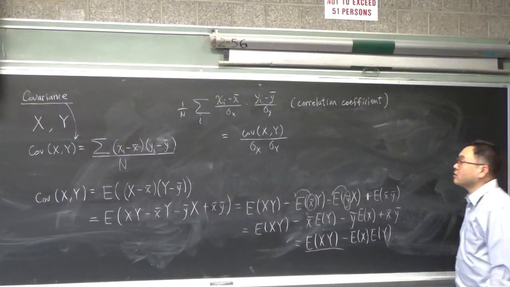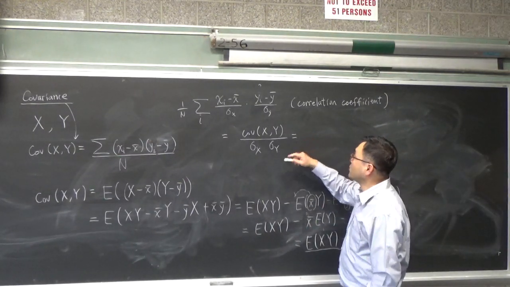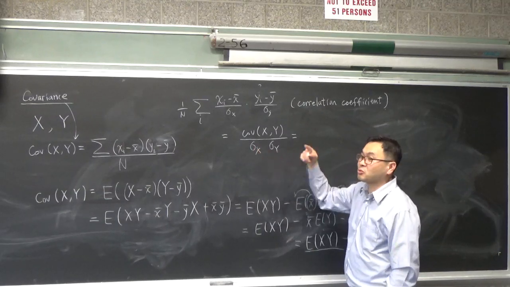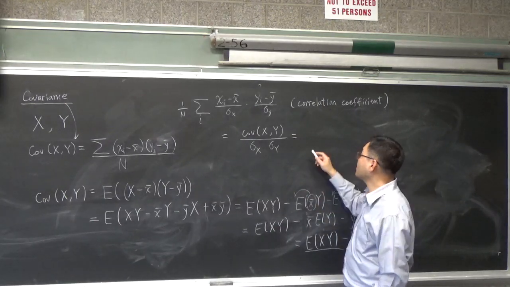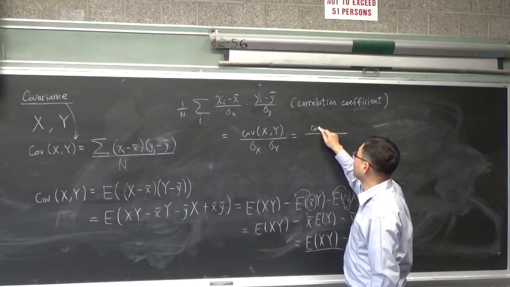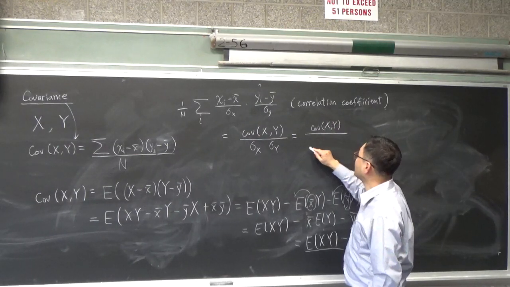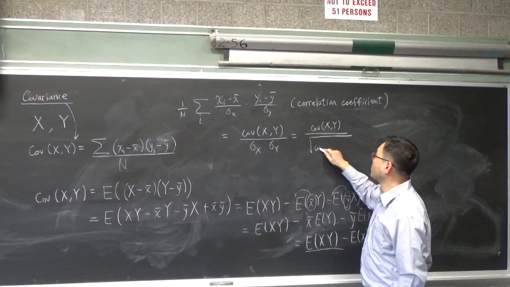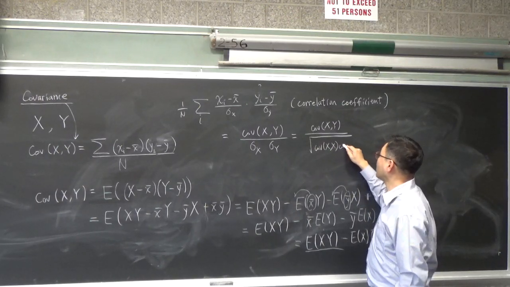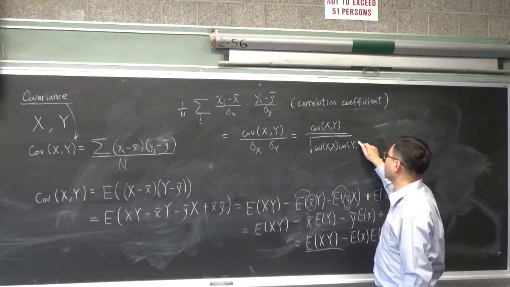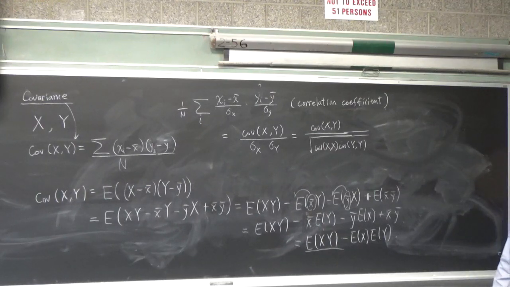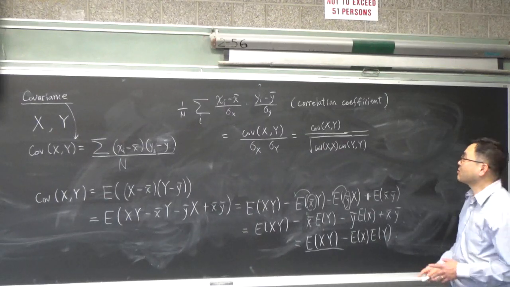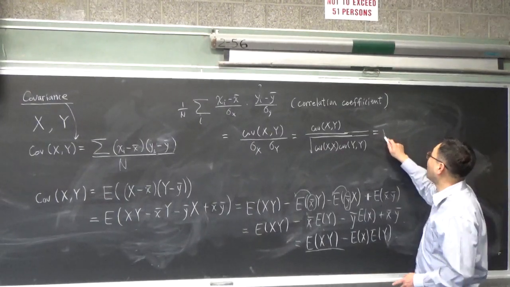And then furthermore, since standard deviation is the square root of the variance, and variance is the covariance of x and x, you can rewrite this as the covariance of x and y divided by the square root of the covariance of x and x times the covariance of y and y. That makes this more symmetric. Yeah. So this is usually called R.